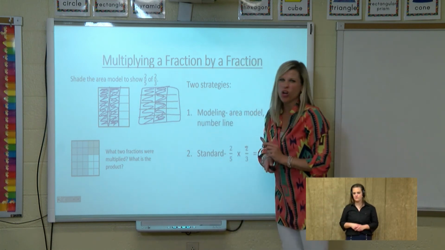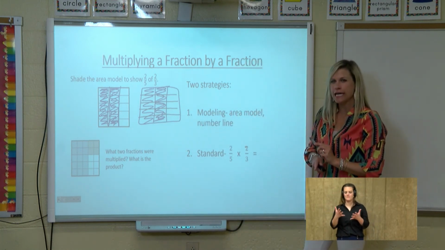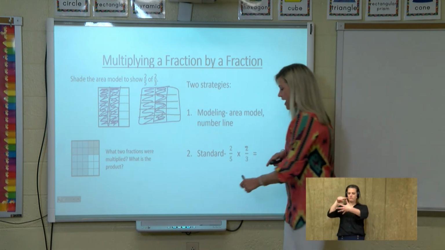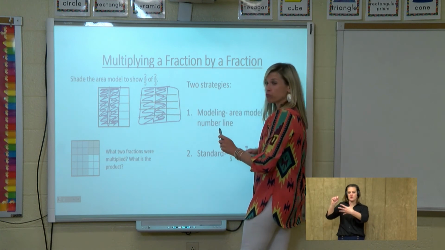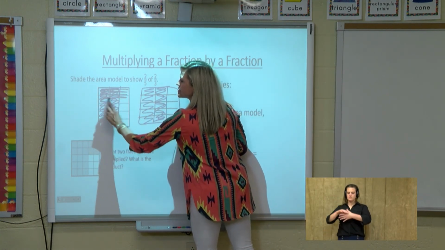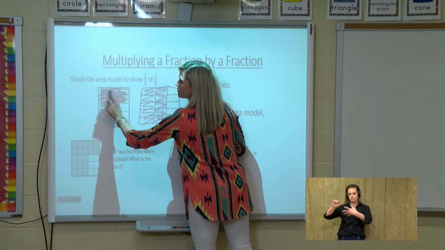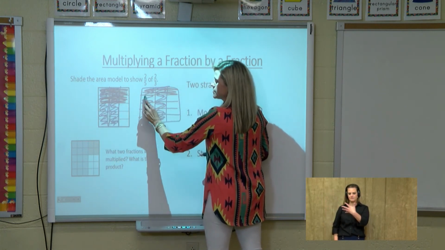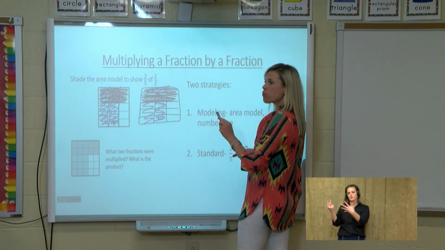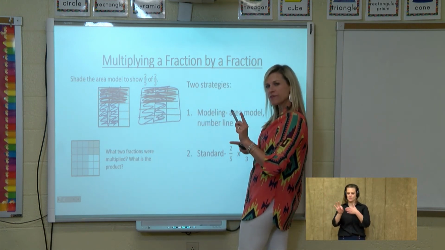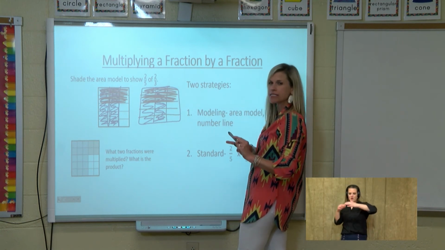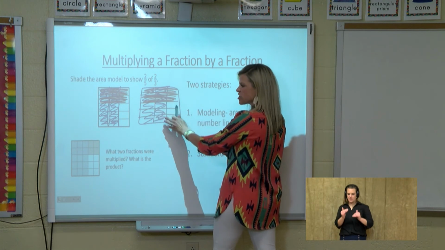Now, this is the hard part. You have to shade in 2 sections of the 5. I'm going to try that in red. This is section 1 and this is section 2. 2 sections of the 5. Now we're going to count. The first thing we're going to do to get our denominator is we're going to count all the boxes we see. Now again, this I just kind of created.